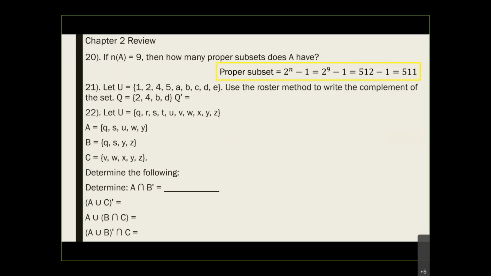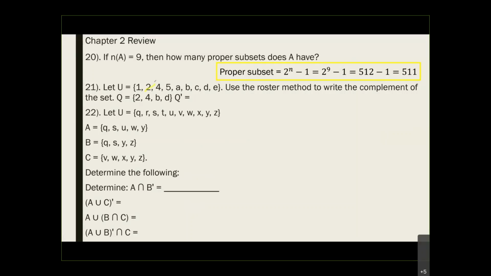Okay, so let's take a look at 21. Again, they give you the universal set 1, 2, 3, 4, 5, A, B, C, D, E, and they ask you to use the roster method and find the complement set, which is, what is the complement of Q? Reminder, to find the complement of a set, basically you go into your universal set and ask yourself what you can throw out.